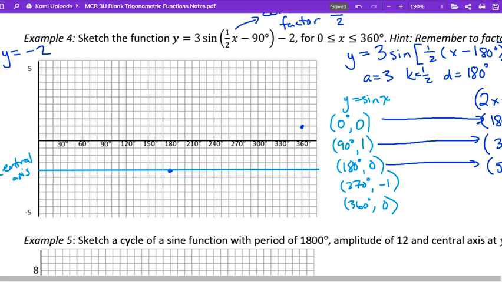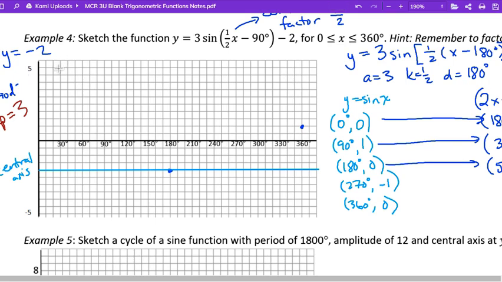We're going above and below the central axis. What is my amplitude? What is it, folks? 3. Okay, and then we want to know what is my period. It's going to be 360.